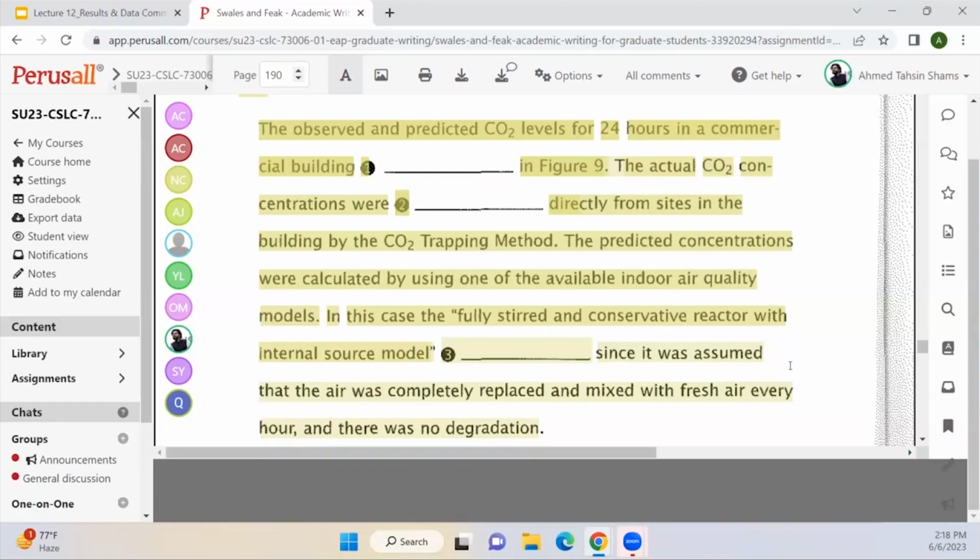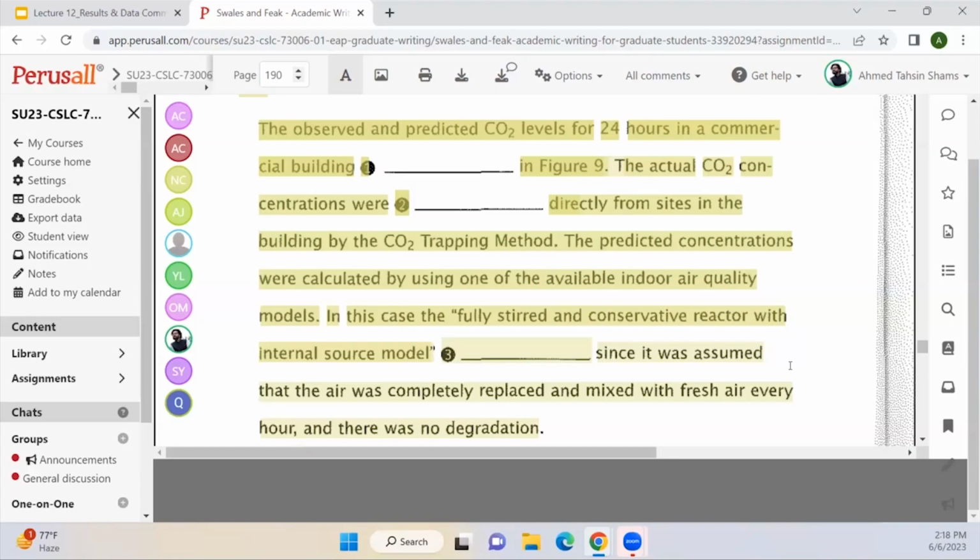The third, in this case, ABC model was considered. Exactly. Was used, was considered. Let's hear it out more. Was a part. Was implied. Okay.